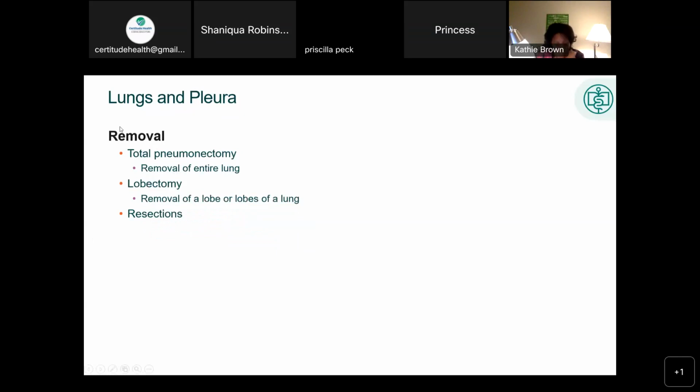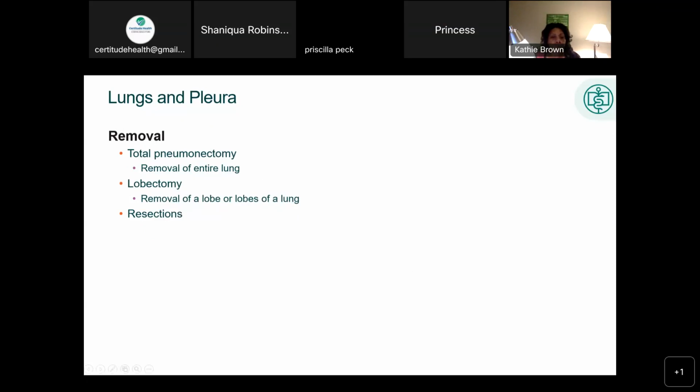Removal of the lung can either be done by totally removing the whole entire lung, or they will remove lobes of the lung. It's also referred to as a resection, so you could see the word resection or removal. And you'll see that in other areas of CPT coding as well. The terms removal or resection would be used if they're removing an entire organ, or in the case of our lungs, lobes.